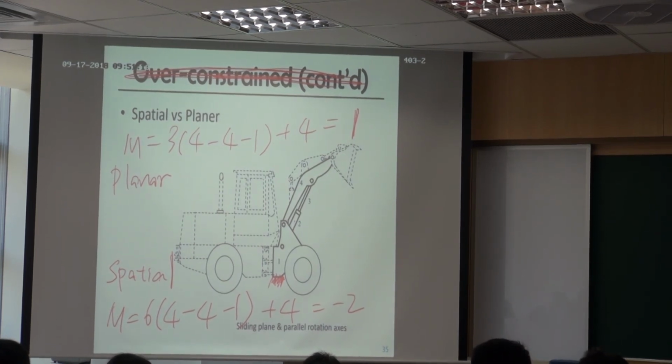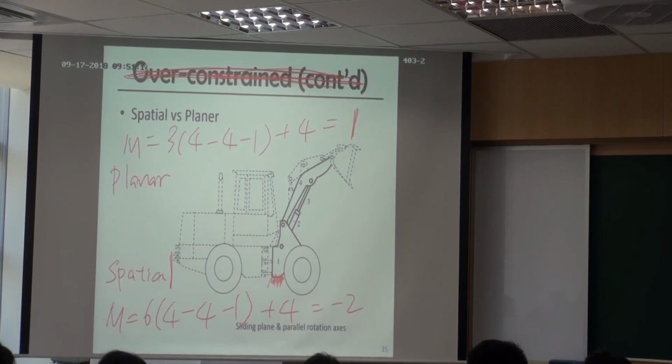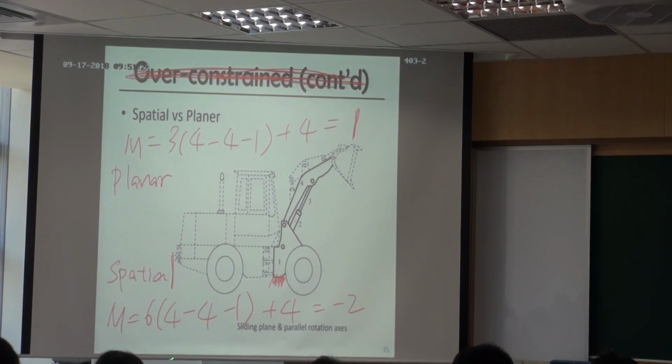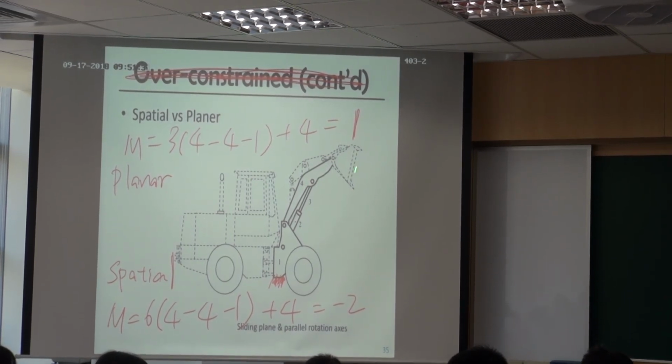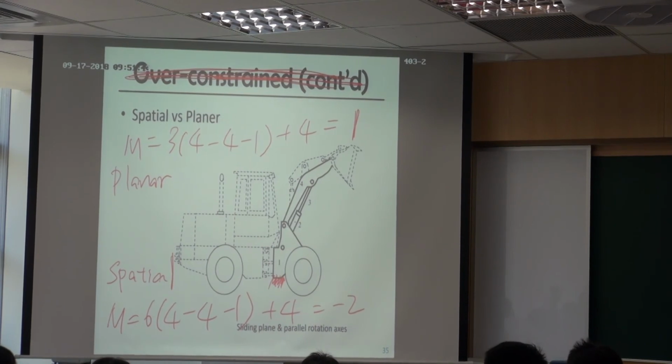It should move. It should work. The mobility should not be smaller than 0. So what's the problem here? We used 2 different equations, a planar equation and a spatial equation, but they gave us different results. Which one should we believe? I think we would believe this one because we know it's going to move. But what's wrong with this one?